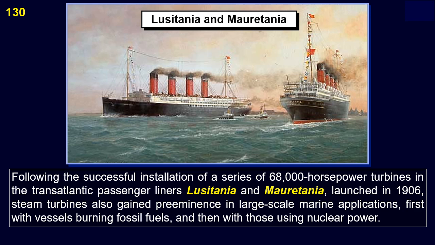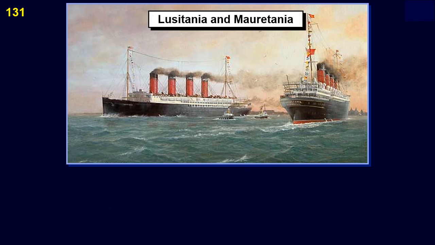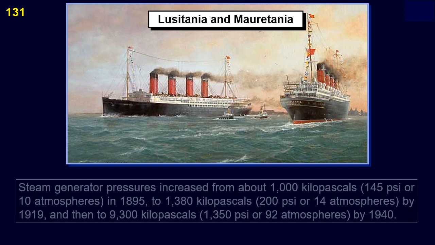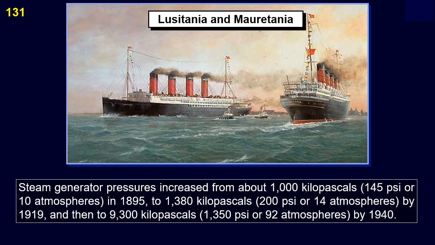Steam generator pressures increased from about 1,000 kilopascals, 145 psi or 10 atmospheres, in 1895, to 1,380 kilopascals, 200 psi or 14 atmospheres, by 1919, and then to 9,300 kilopascals, 1,350 psi or 92 atmospheres, by 1940.